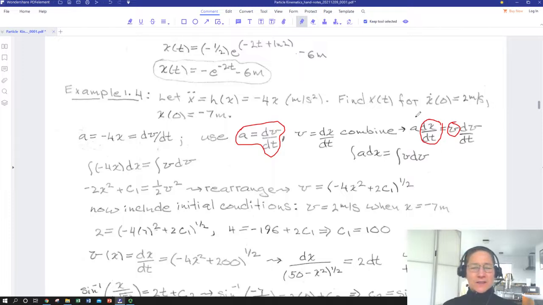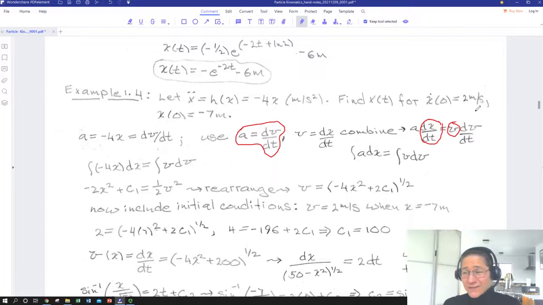Now we have something that's a little bit easier to manipulate from the standpoint of integration. We can take this entire expression and look at it from the standpoint of the differentials dv and dx. So effectively we have a dx equals v dv.